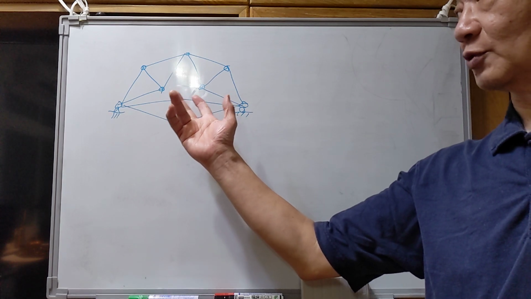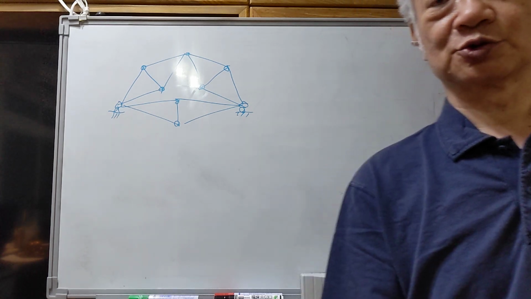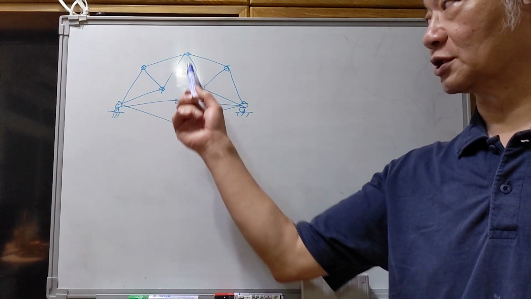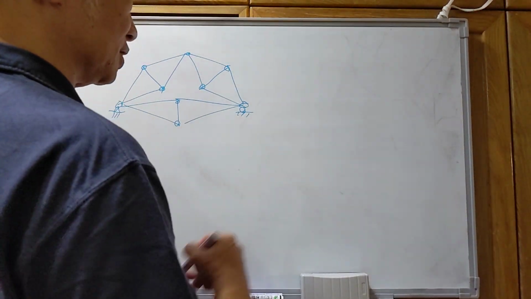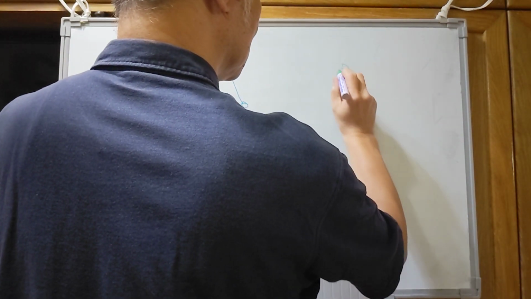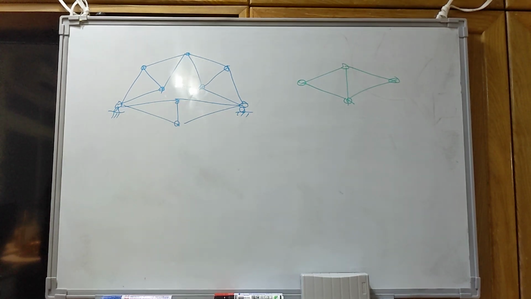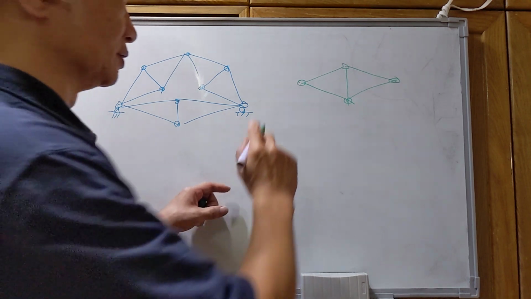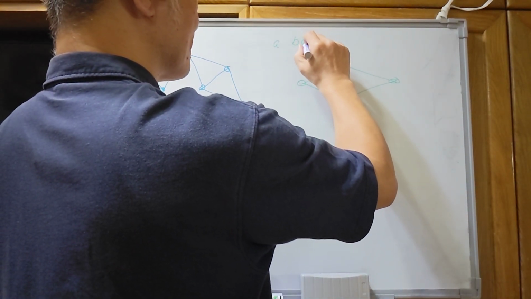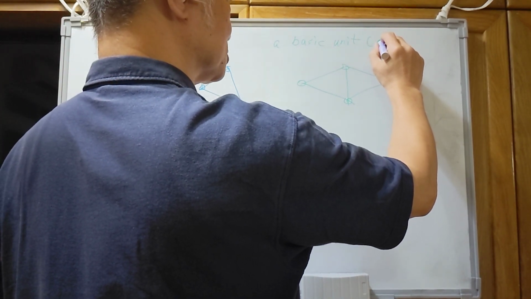We can see there are three parts of the structure. Each part includes several elements. For these problems, first we can assume it is a basic unit, sometimes called a super element.